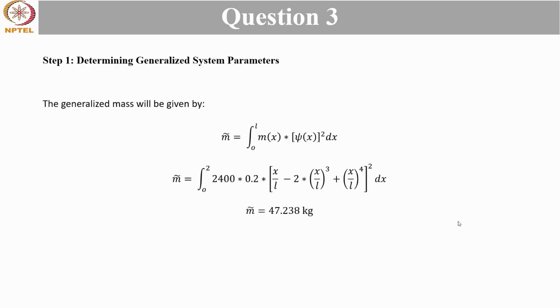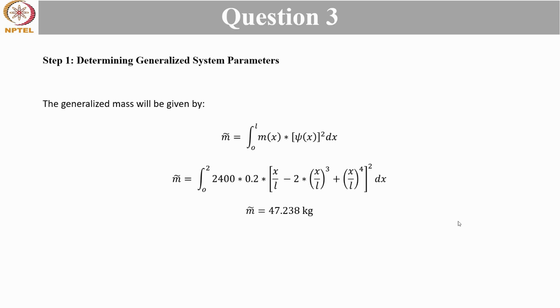Once we know the deflection profile, the next step is to determine the generalized system parameters. Generalized mass m dash is the integration of m x into the deflection profile squared dx. What is the mass per unit length of our system? We know the density and the volume, so mass per unit length is density into breadth into height into length.